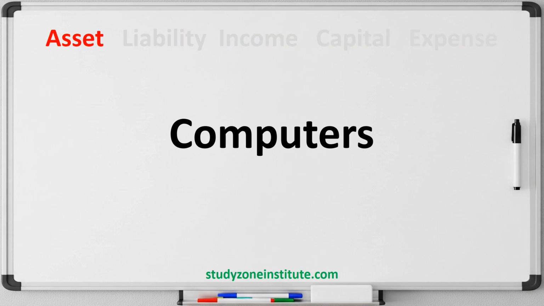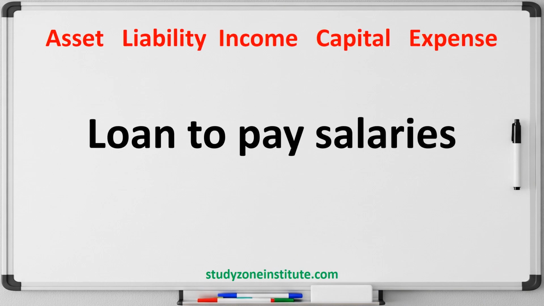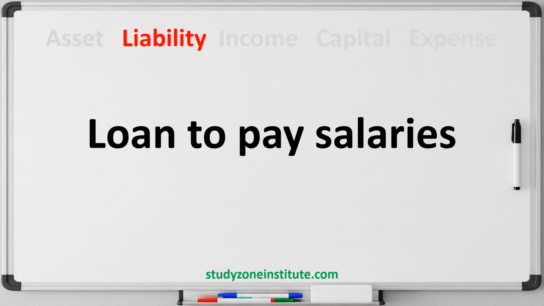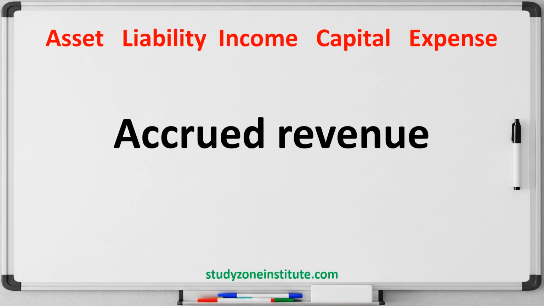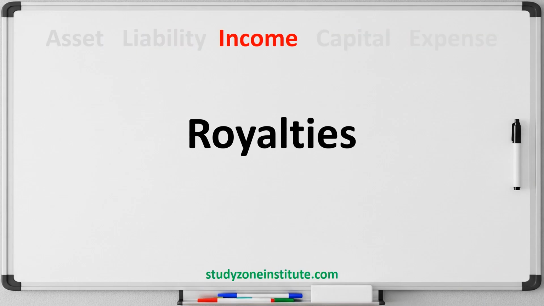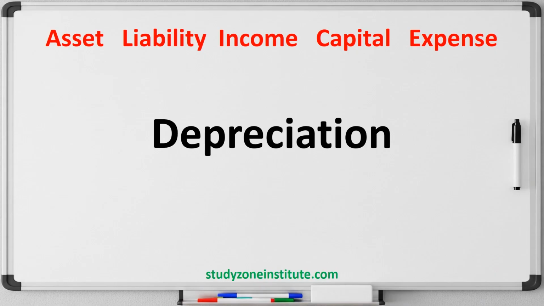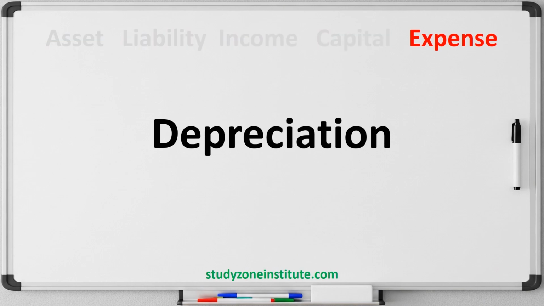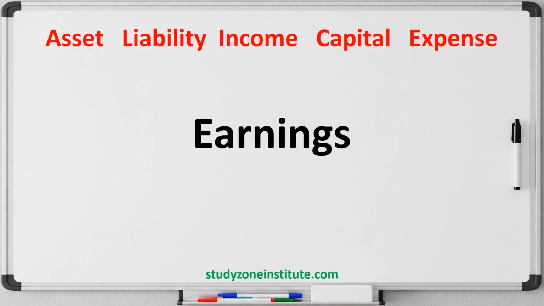Asset. Loan to pay salaries. Liability. Accrued revenue. Asset. Royalties. Income. Depreciation. Expense. Earnings.